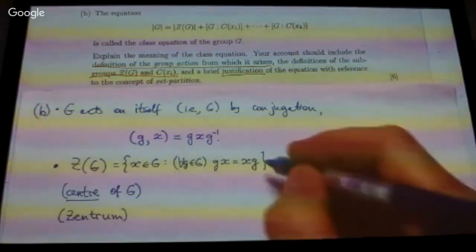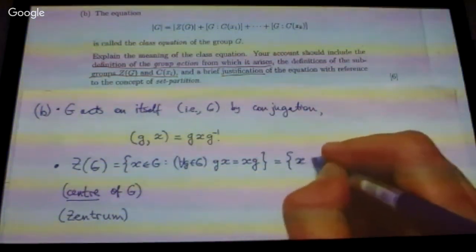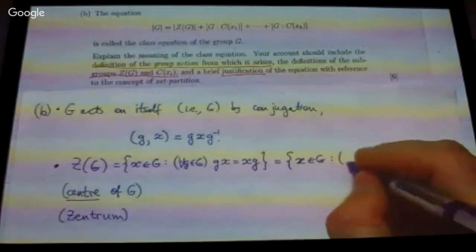So alternatively, one can write it like this, which will make more sense in our context.